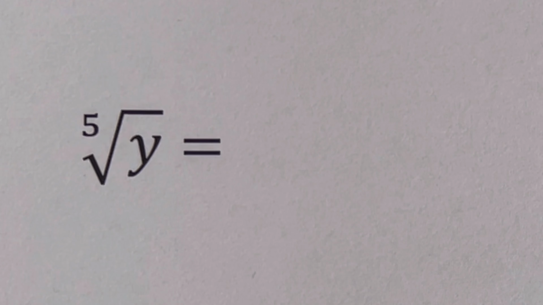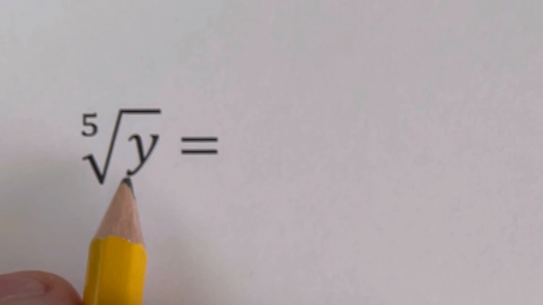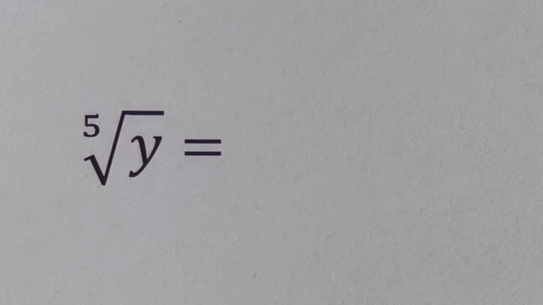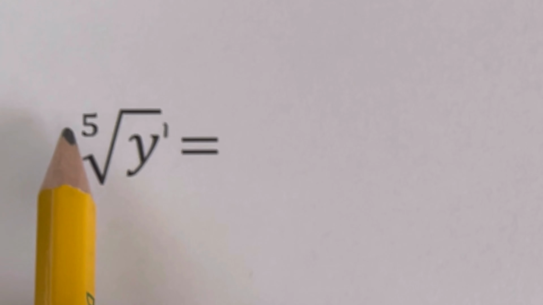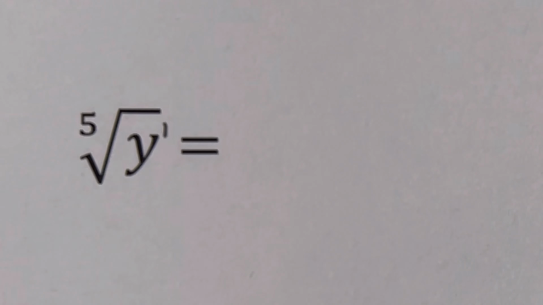Okay, going back to the example that we have right here, we remember that this is read as the fifth root of y. Now others are going to say, oh, but there's no exponent for y there. Please remember that there is an invisible exponent of y, which is 1. So then we can go ahead and say that our m is 1 and our n is 5. So that we can go ahead and rewrite this as y.